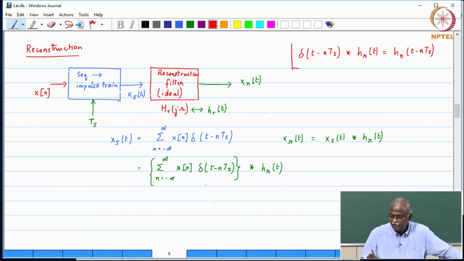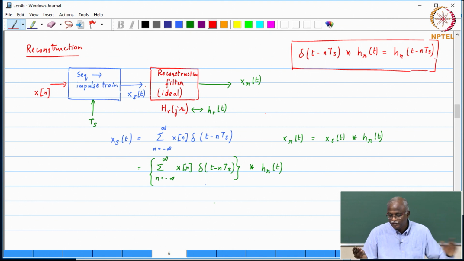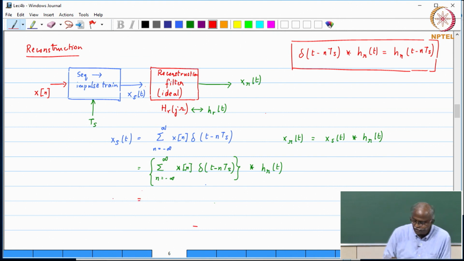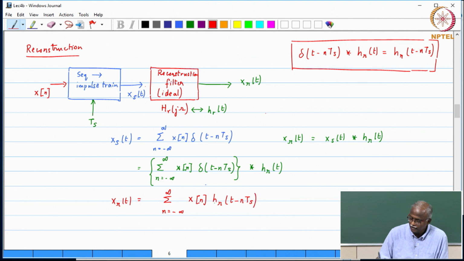That is a known result when I convolve anything with an impulse function: the function is preserved, but only shifted to where the impulse occurs. So, this tells me that the reconstructed signal can be very nicely expressed as the summation n equal to minus infinity to infinity of x of n times hr of t minus nTs.